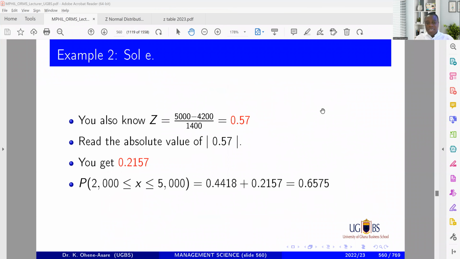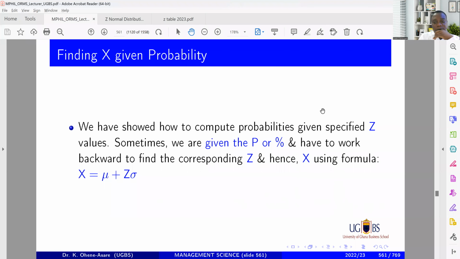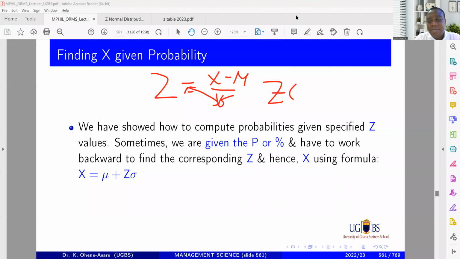By the way, if you look at that Z, we can find X using change of subject. For example, if you know that Z is equal to X minus mu over sigma, if I want X, all I have to do is cross multiply. If you cross multiply, you're going to get Z sigma equal to X minus mu.